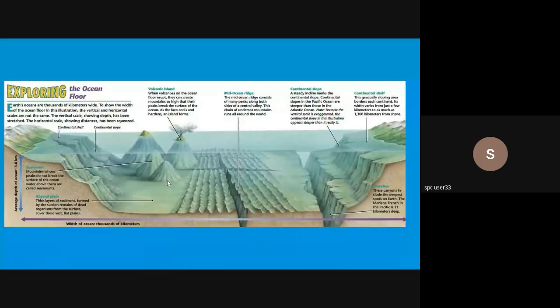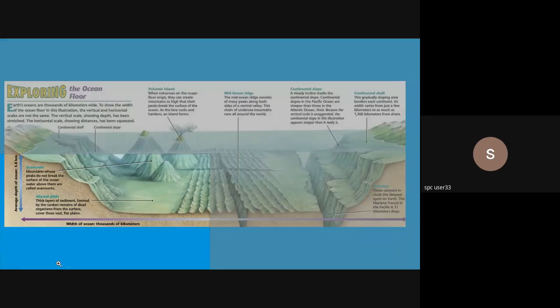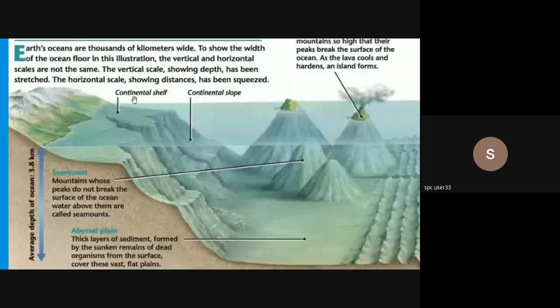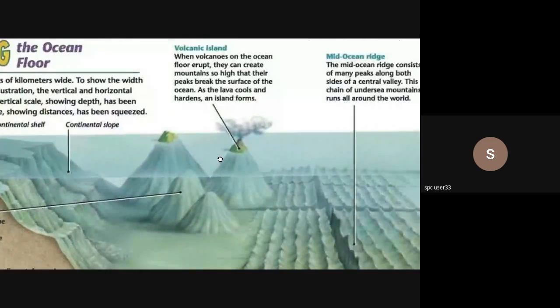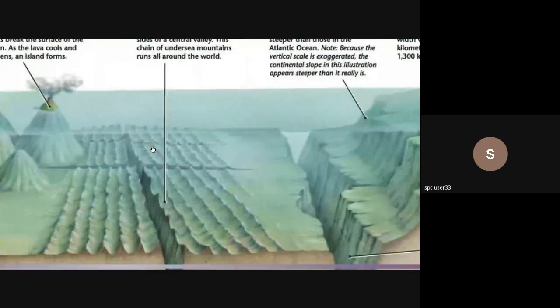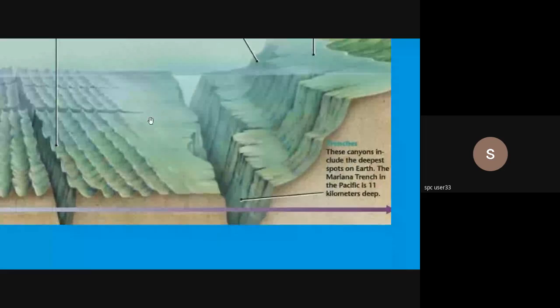Now, this is what actually keeps on happening. I'll not go into explaining all these, but I'll just run through the explanation of this. You'll see you have the continental shelf here, and then you have the continental slope here. Here you have some seamounts, and then you have the mid-oceanic ridge here, and then you have these trenches here.